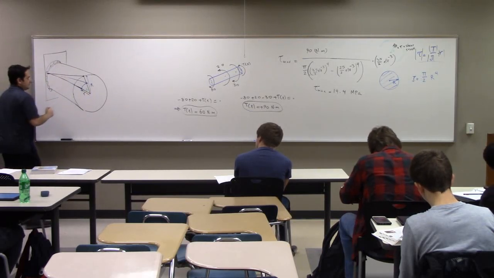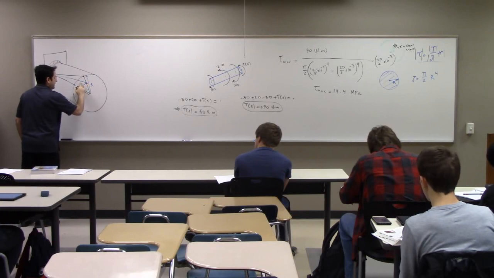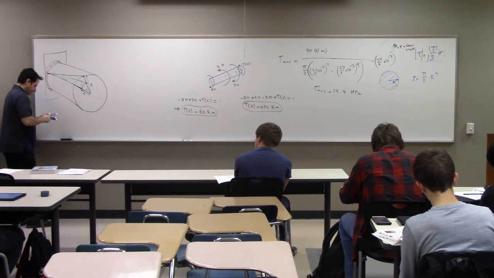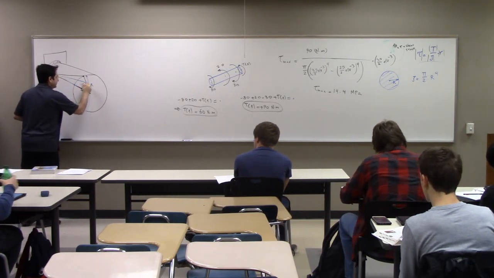So this angle from here to here, this arc length, let's call it s, in another color. The arc length from here to here is s.